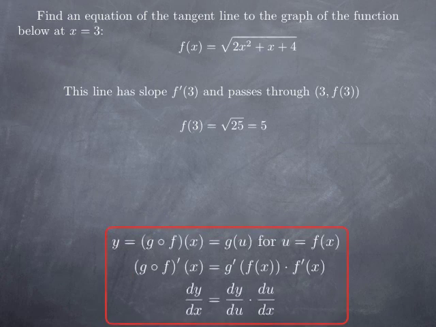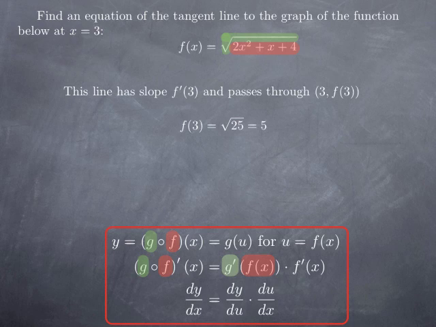On the other hand, to obtain the derivative, we're going to use the chain rule because we have the function 2x squared plus x plus 4 that is plugged inside the square root function. So here our function f in the chain rule is 2x squared plus x plus 4. The function g is just a square root function. According to the chain rule, to differentiate this, we obtain the derivative of the outside function, in our case the square root function.